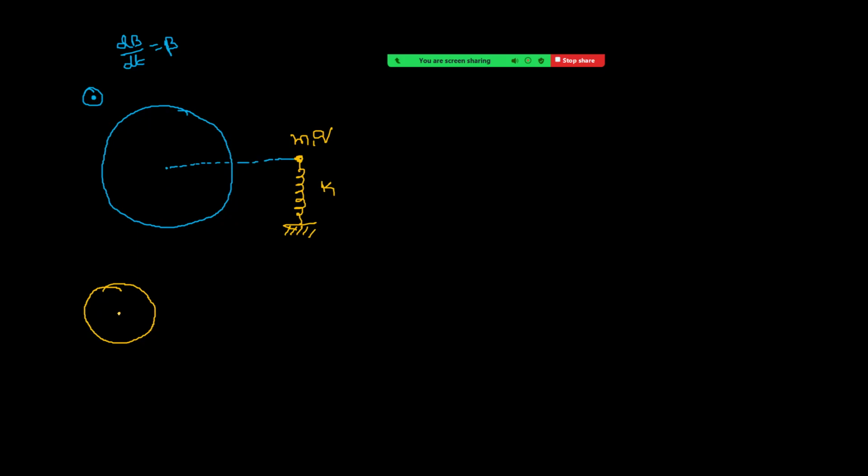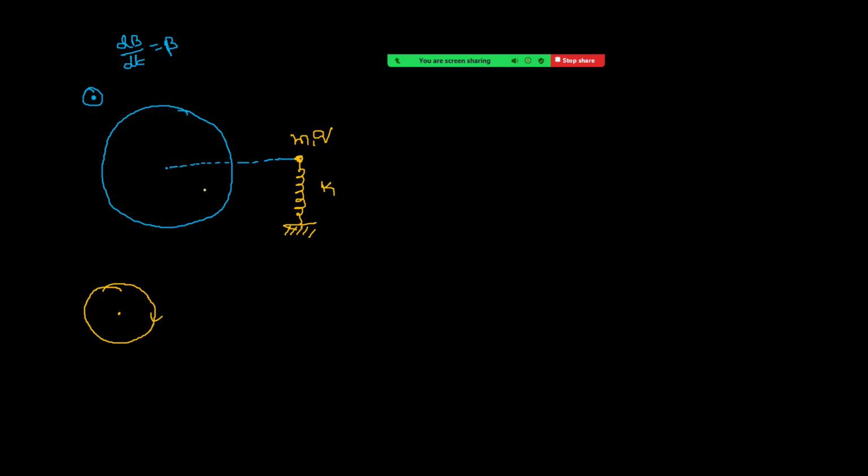I am repeating. If we assume that the field strength is increasing, then because of the induced current, the direction of the magnetic field must be inwards. That means keep the thumb of the right hand inwards, curl the fingers. Current is clockwise. Okay. That means the electric field lines also are clockwise and concentric, right?